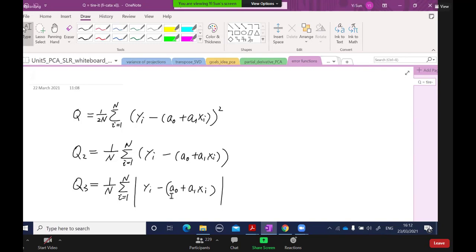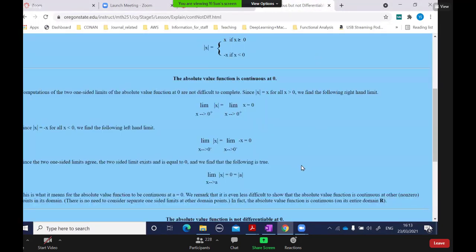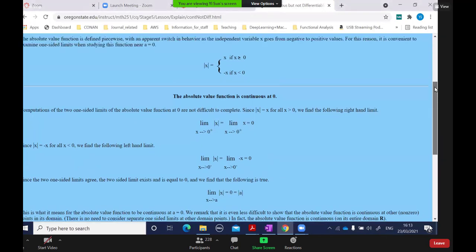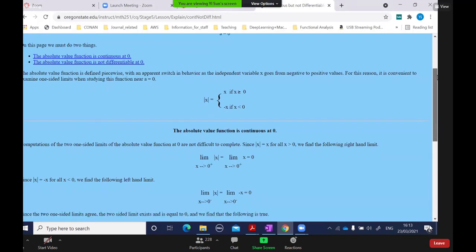What do I mean by not differentiable? Have a look at, for example, here. Remember, when we talk about functions, we talk about continuity, we talk about derivatives, and from the very beginning, we talk about limits. For limits, we talk about the right-hand limit and the left-hand limit.